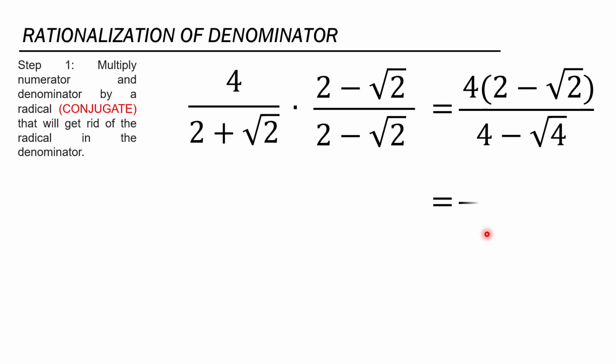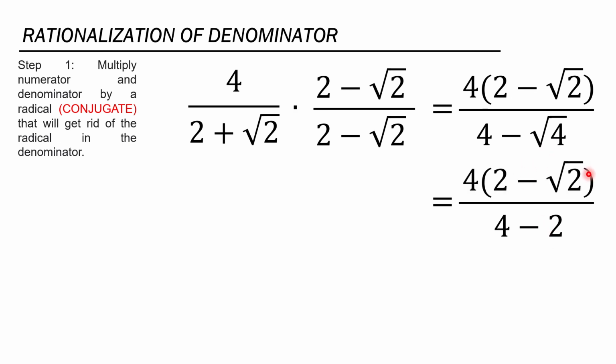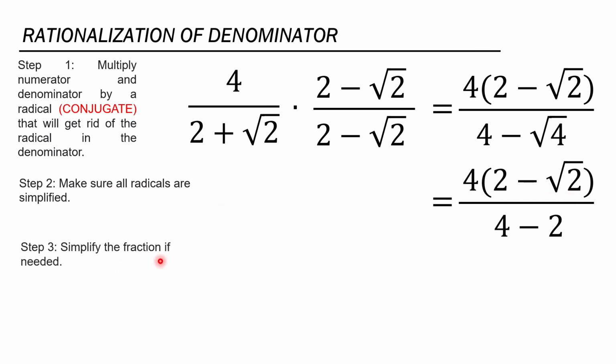Okay? That is equal to, copy natin. 4 minus square root of 4 is 2. Then, copy sa taas. So, make sure all the radicals are simplified. So, simplified na yan. So, simplify the fraction if needed. Isi-simplify natin yung fraction. So, we'll have 4 minus 2 is 2.